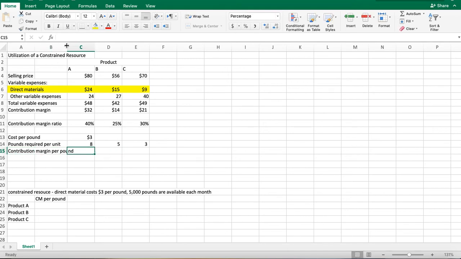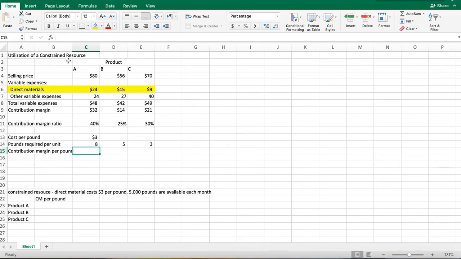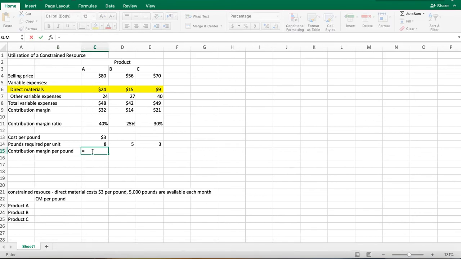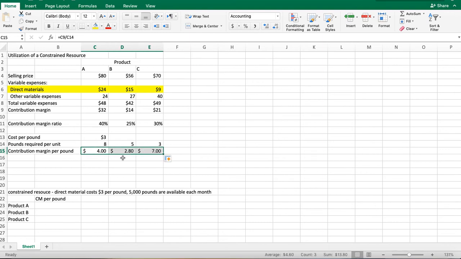So in other words, for every pound of direct materials we use, what is our contribution margin? And that's what we're looking for. We're looking for that high amount. So our contribution margin per pound is our contribution margin per unit divided by the number of pounds required. And again, that's a whole number. It keeps picking up my percentages. And I'm going to go ahead and make that a dollar amount so you can see that.